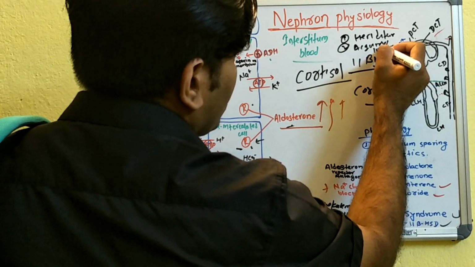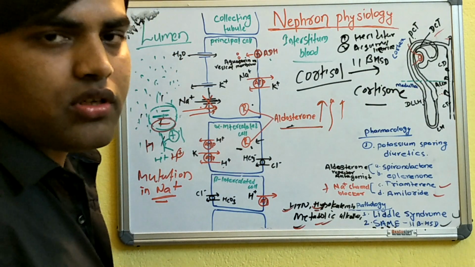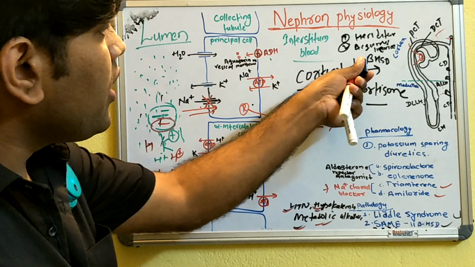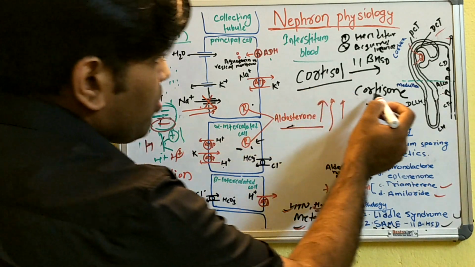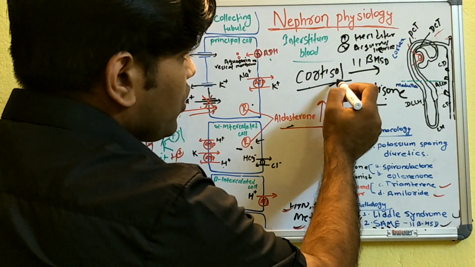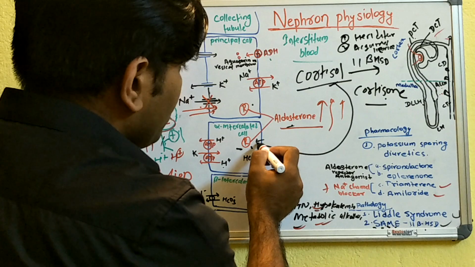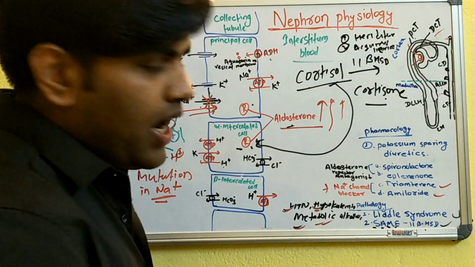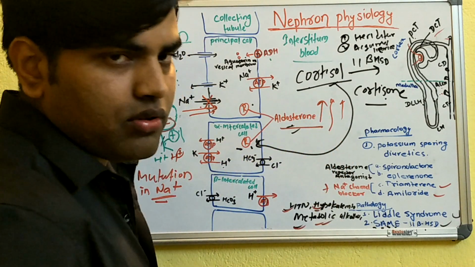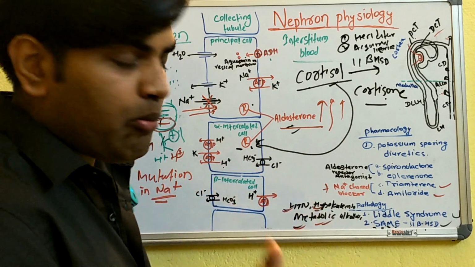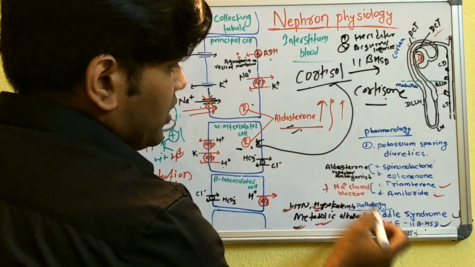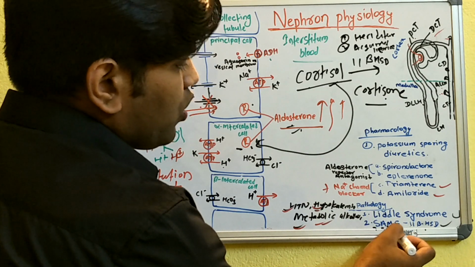Use of this licorice may cause this 11 beta hydroxysteroid dehydrogenase deficiency. What happens if cortisol is not converted into the inactivated form? This cortisol will act on this mineralocorticoid receptor and act as aldosterone. So it is just a formula to remember: same means same as aldosterone. Syndrome of apparent mineralocorticoid excess.